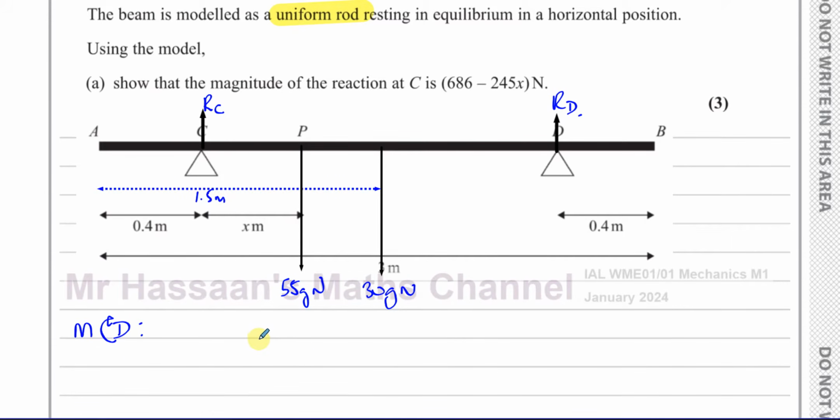Okay, we take moments about the point D, we have to think about the distances of these other forces from the point D. So let's first think about the clockwise force.